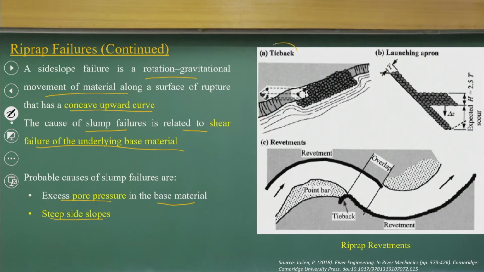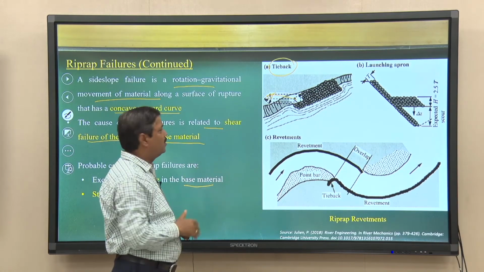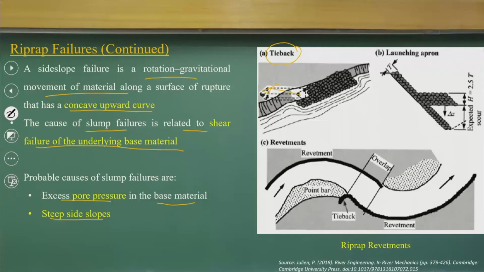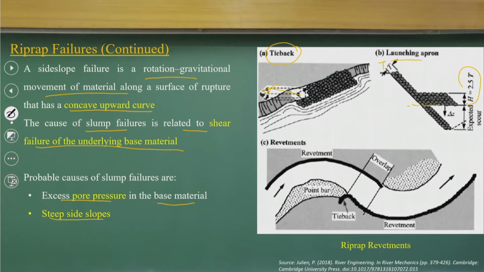Now, to avoid these failures, what we do is always have a tie back. Okay. So, we extend the mattress, the Gabion mattress or the riprap mattress, inside the bank, which acts like a tie back. Also, when you do a launching apron, if the thickness is T, we put additional height of 2.5 times T. That is what we initially put. As the river scour happens, this material goes down and falls like this.